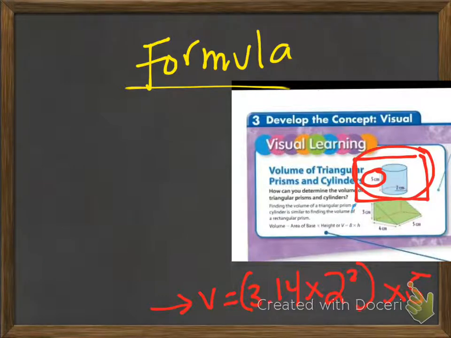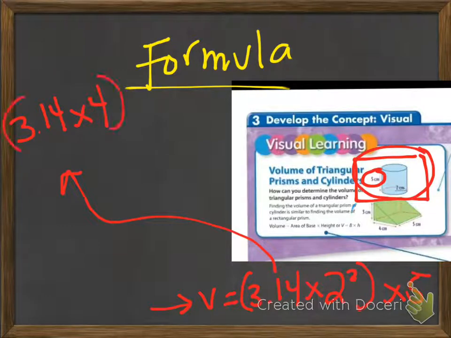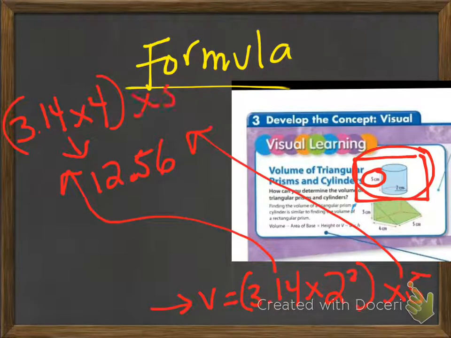So what is 2 to the second power? Going here, then we're going to say 3.14. That would be 2 times 2, which is 4. Okay, once we do that, that would give us a measurement of 12.56. Now we can't forget about the 5. So times 5. Let me erase some stuff here so we can have some more room.